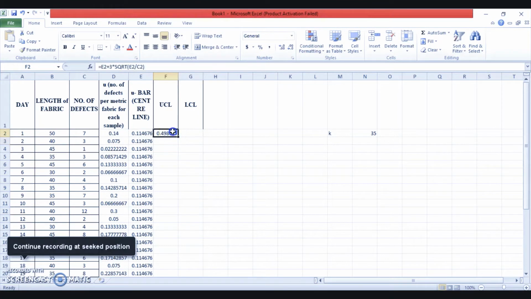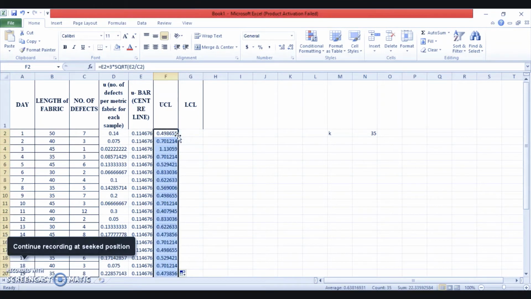So this is your upper control limit value, and I'll just double click it. Why? Because all the points are different here.